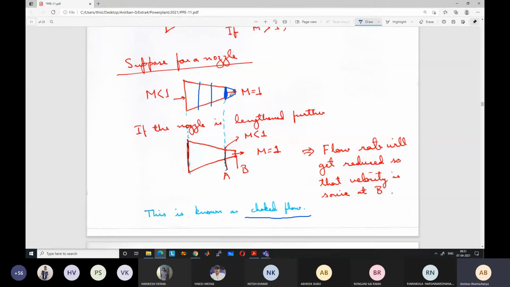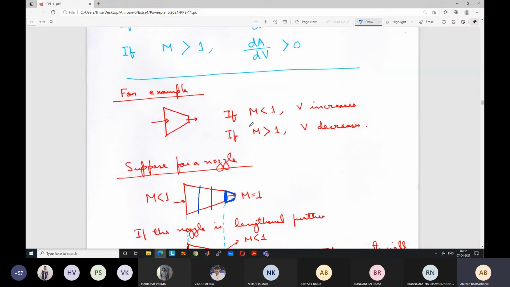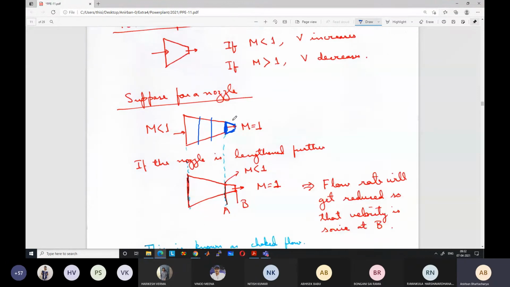Sorry, what I'm saying is not correct. If the flow velocity increases in a converging section, the flow has to be subsonic, because for a converging section in subsonic flow, the velocity increases.